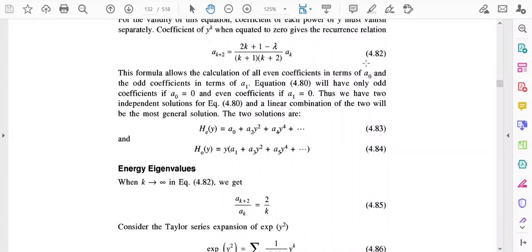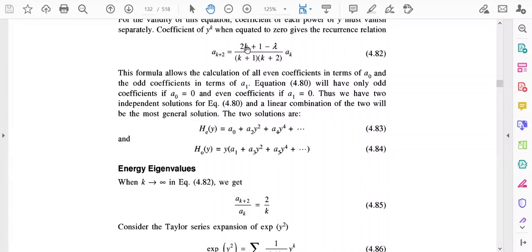So how to do that? If we make k tends to infinity, then 1 by k tends to 0. It is very clear. You just take common k from both numerator and denominator. So numerator is 2k plus 1 minus lambda, and in the denominator you just multiply these two factors, so this will be k square plus 3k plus 2.